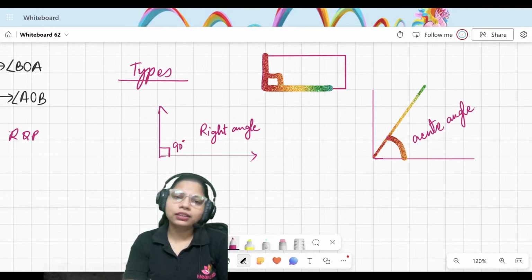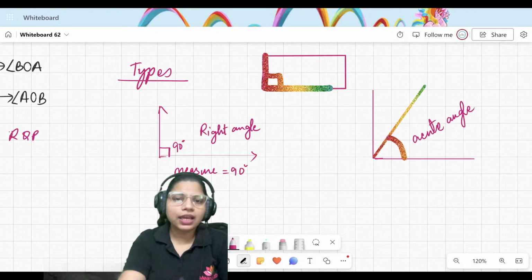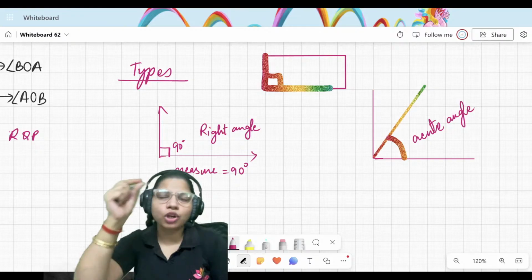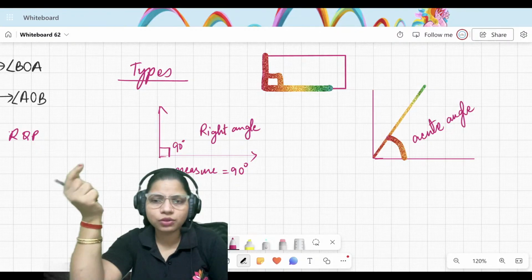A right angle measures 90 degrees. Can an acute angle have just one single measure, or will we get a range of measurements?